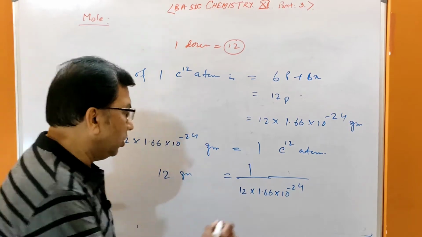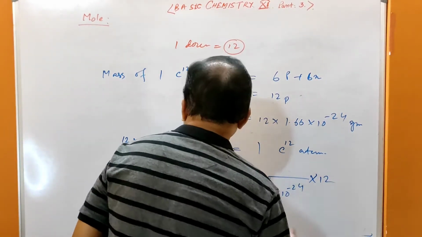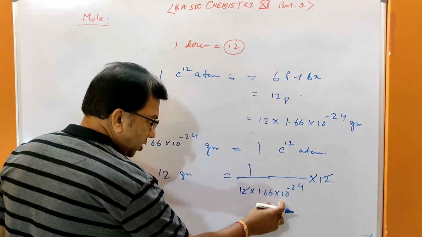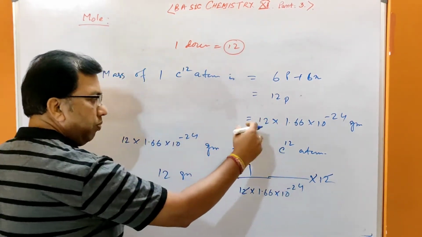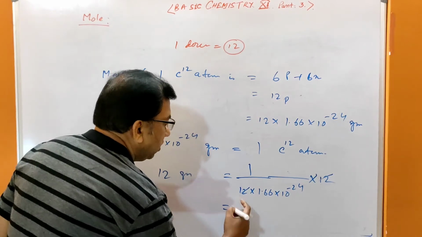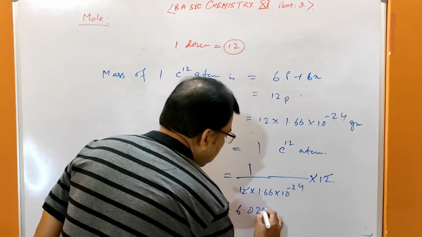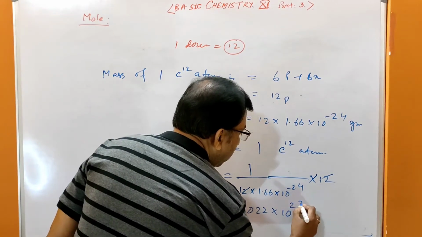Into 12, you can write in this way. 12 and 12 cancel, 1 by this remains, and the result will be 6.022 × 10^23.